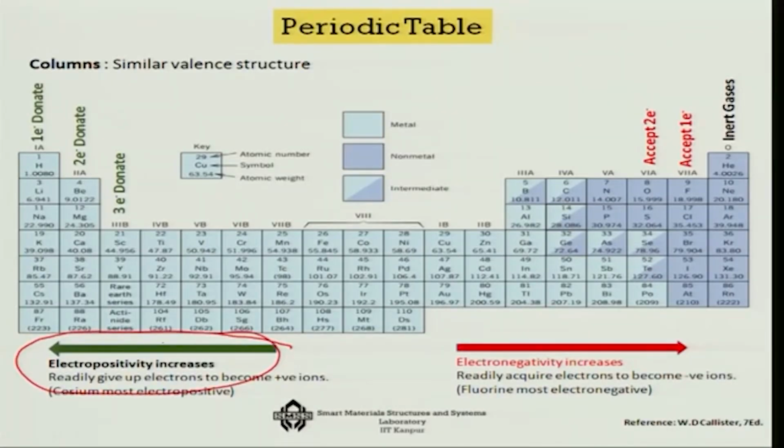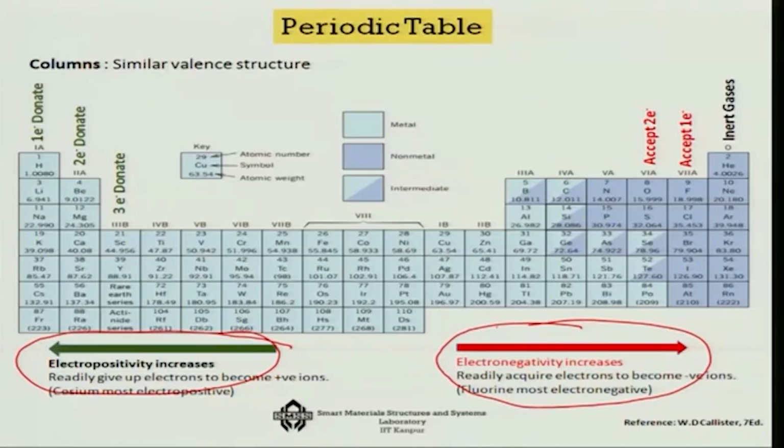This is one thing, and it talks about how readily the atoms can give up the electrons, and just the counterpart, how the electronegativity changes. That means, the capacity or the eagerness to acquire electrons, how that changes, and the periodic table can very clearly tell you about it.